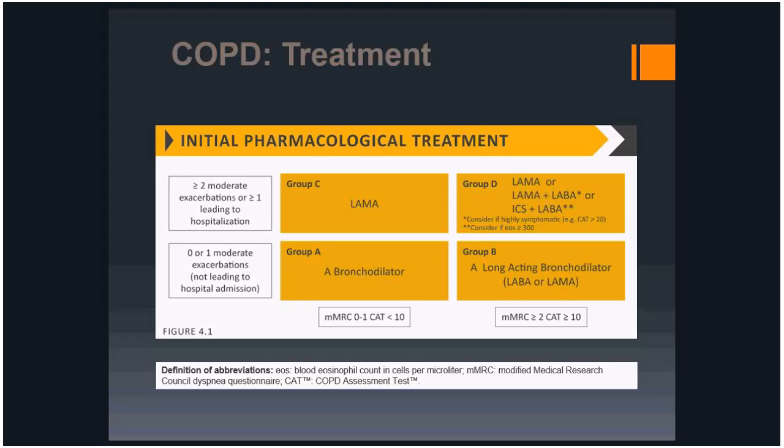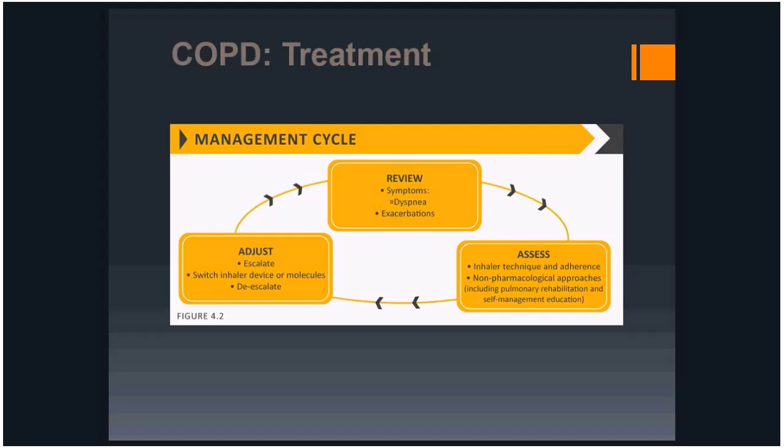So when it comes to the management cycle, it is a matter of getting them in to again review their symptoms, look at dyspnea, and also look at exacerbations, because we want to help manage their symptoms. We want to lessen disease progression and lessen decline, which also contributes towards mortality.